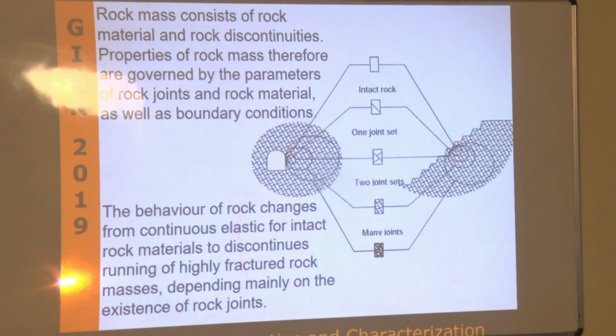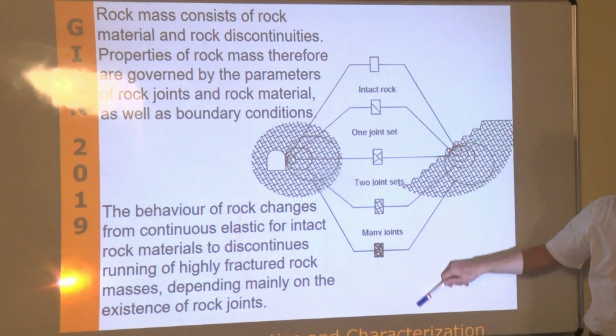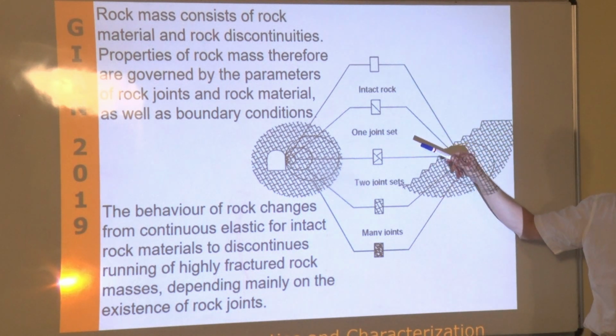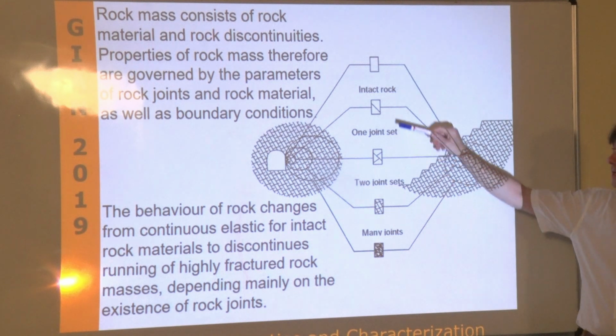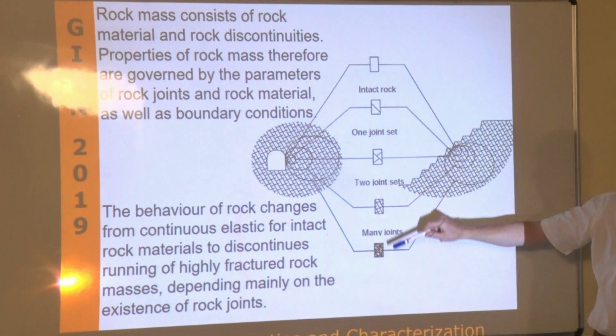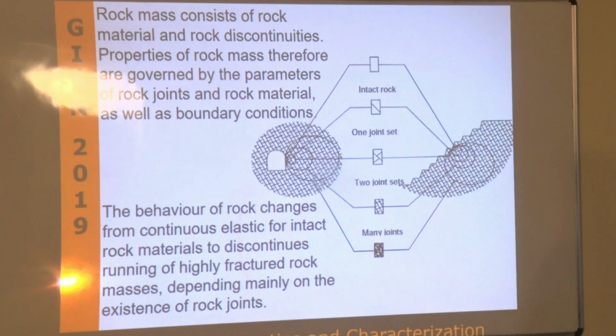Okay? So depending on the scale at which you're going to engineer your structure, you might want to use either one or the other approach. You might want to use the strength criterion for intact rock or the one for the rock mass.